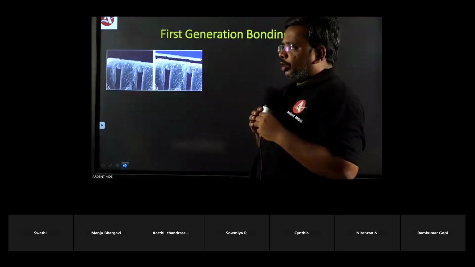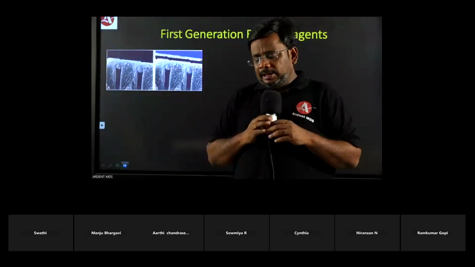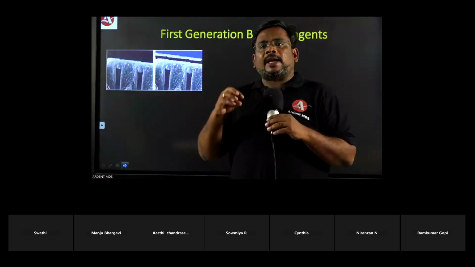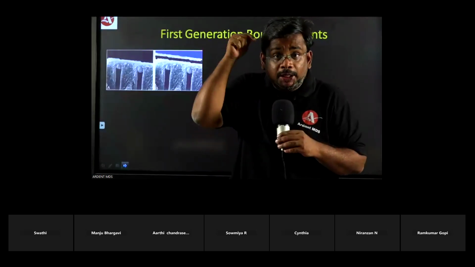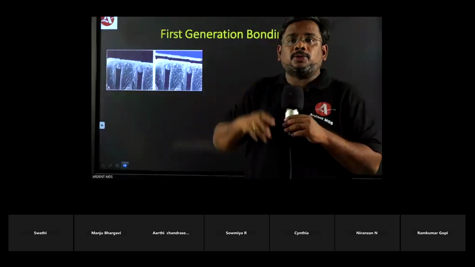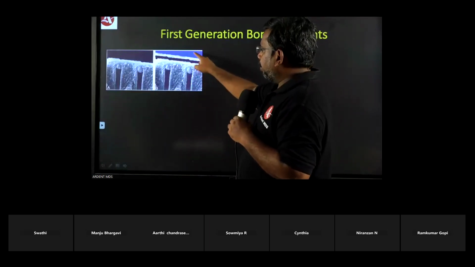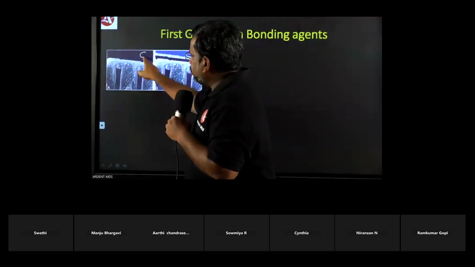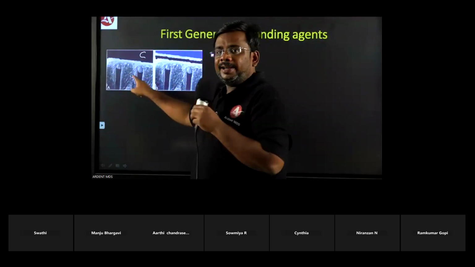First generation and second generation bonding agent. The composite is not bonded to the dentin, which is very important, students. Suppose this is the smear layer; the composite is not bonded to the dentin.